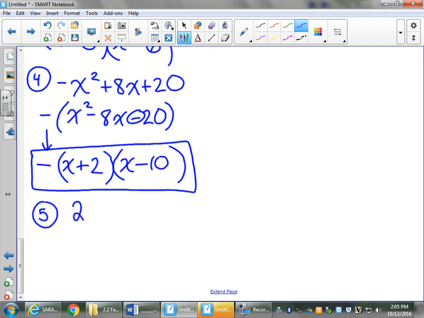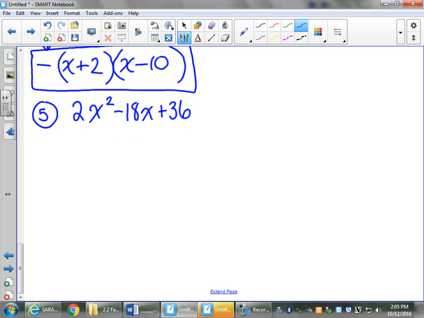So we have 2x squared minus 18x plus 36. This is also different because our a value is not 1 again. Here our a value is 2. Tomorrow you will learn how to factor trinomials where the a value is not 1, but since today we're focusing on the a value of being 1, we can make it 1 by factoring out first a GCF.